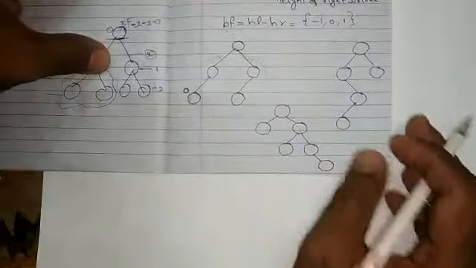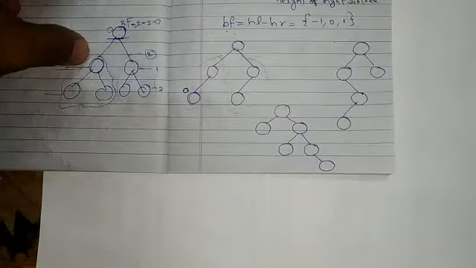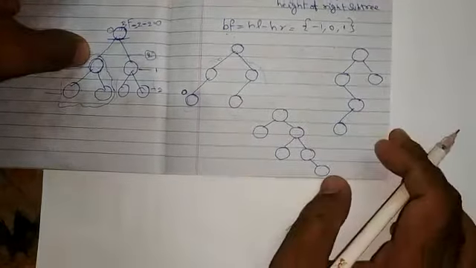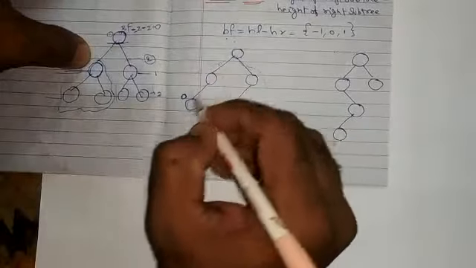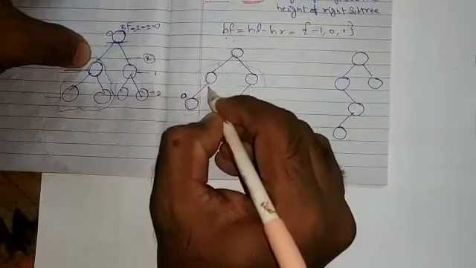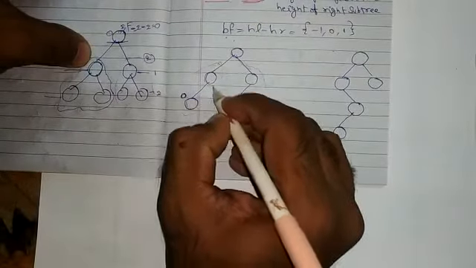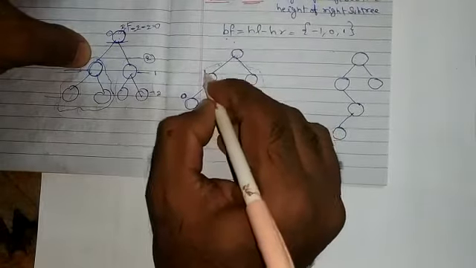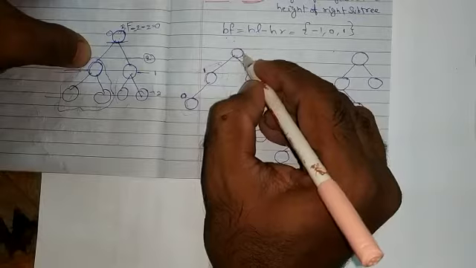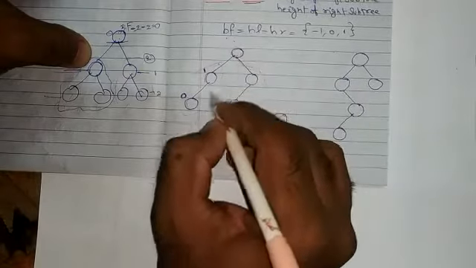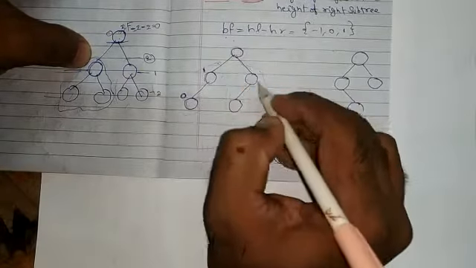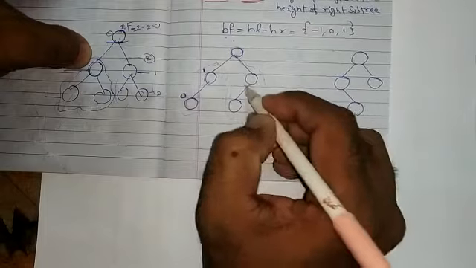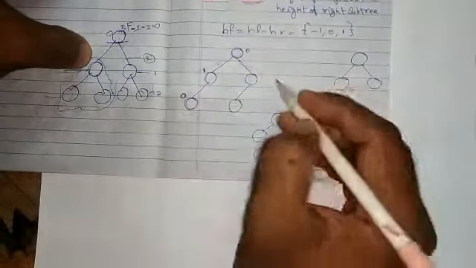Try to find out here. Now come to here. Height of the left subtree is 1. There is no right subtree. So 1 minus 0, 1. Now how do you find the balancing factor here? Height of the left subtree is 2. Height of the right subtree is also 2. So 0.